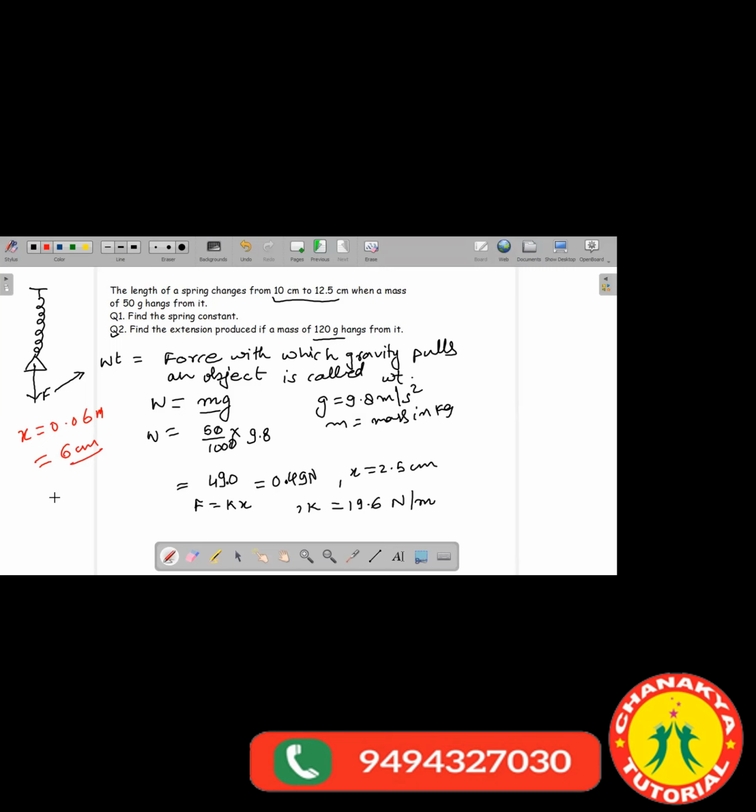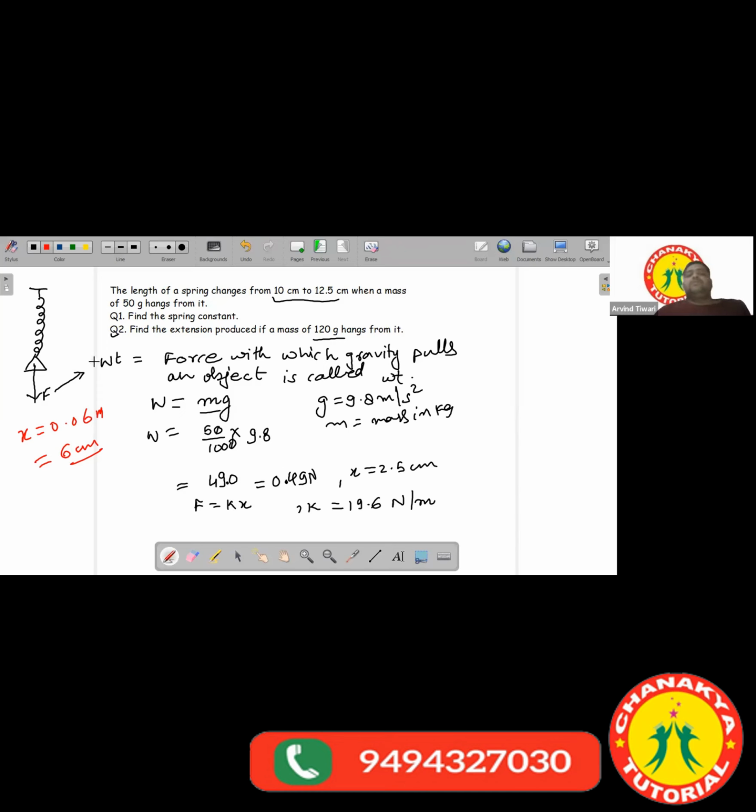I hope you have understood this concept of spring and forces. In a similar way, in the next class we will take up the potential energy stored in the spring. Today you have understood that the restoring force set up in the spring is equal to the weight, which we find by the formula mg.